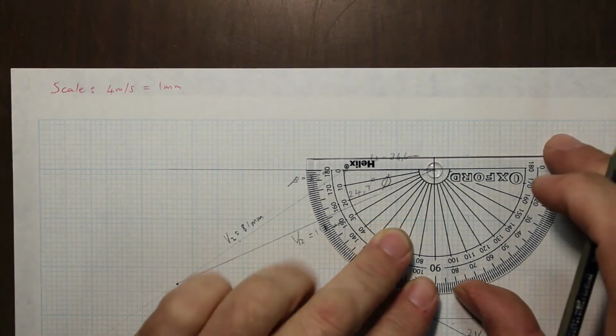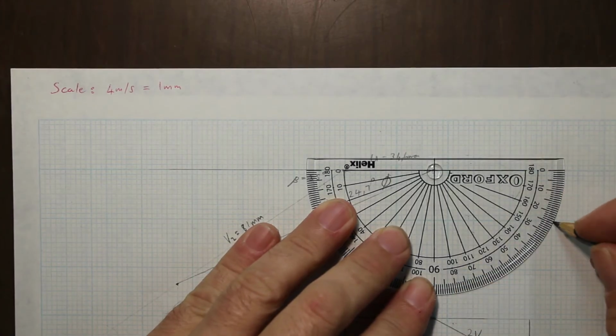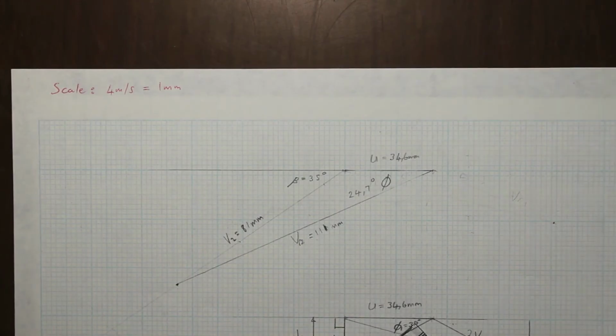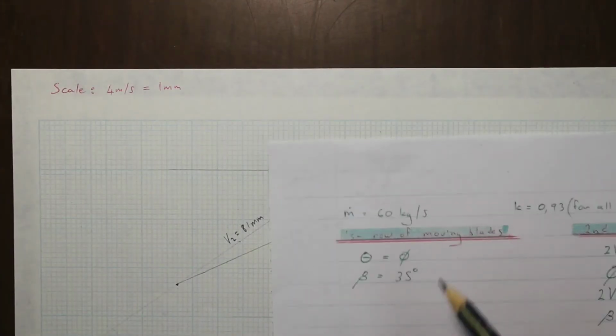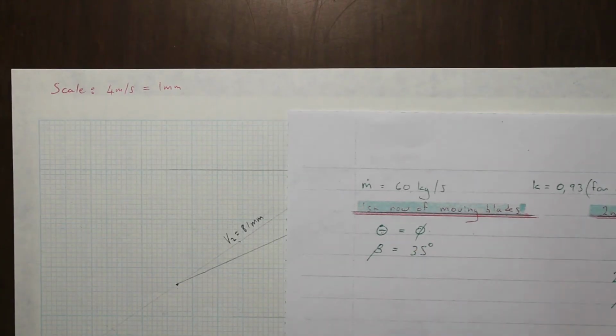Then what I have to do is figure out what theta is. They told us that for the first set of moving blades, theta equals phi. So those two angles are equal.